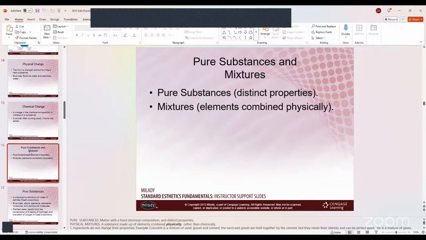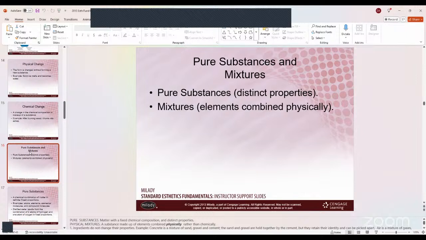Pure substances and mixtures. Pure substances have distinct properties, matter with a fixed chemical composition. This is the ingredients. Then you have mixtures, elements combined physically.